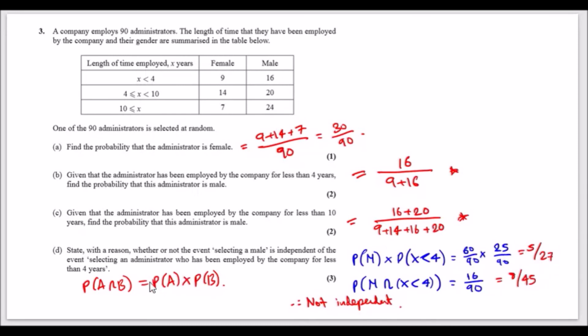Now, for the intersection rule, we need the probability of M intersecting with less than 4 years. If you're male and you did less than 4 years, that counts for exactly 16 people, so 16 out of 90. Solving this, you get 8 out of 45, and you realize that the probabilities are different. So this implies that they are not independent at all. And that's it.